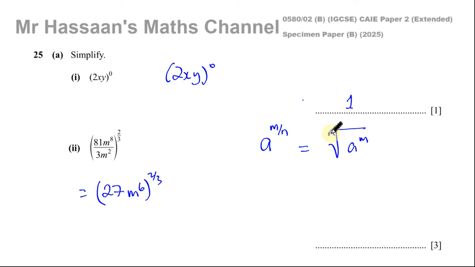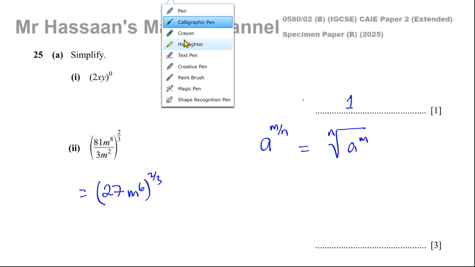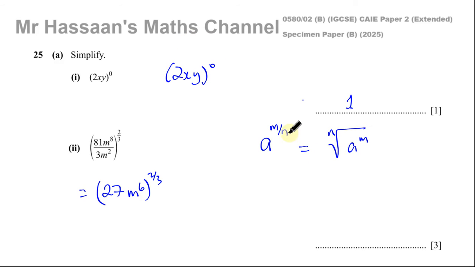The denominator is the root and the numerator is the power. The denominator is the root and the numerator is the power. It's very, very important for you to understand that.